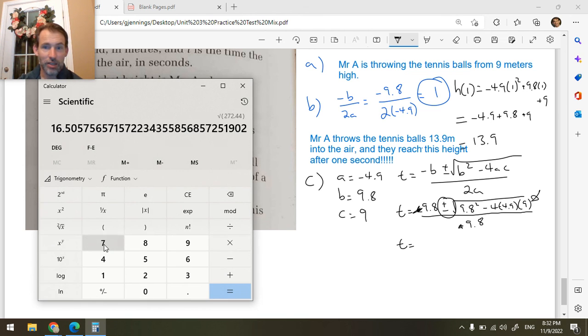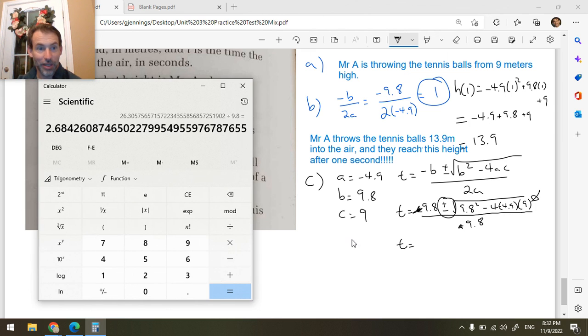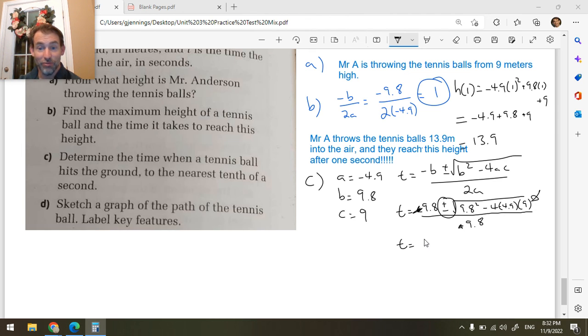Take the square root of it, add that to 9.8, which was outside the square root, and then divide the whole thing by 9.8. You will want to write down more steps so that you don't make any mistakes, but I'm very confident that 2.7 is a very good looking answer. It's a very handsome answer. 2.7 seconds. So then we are ready to finish this test.